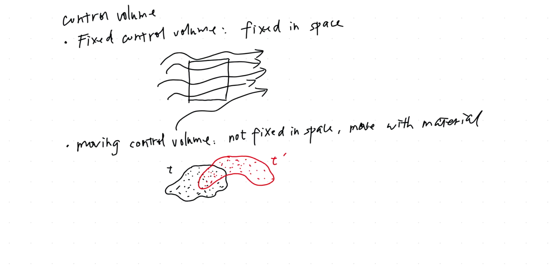The first type of control volume, which is fixed in space, we call the Eulerian approach, which is used a lot in fluid mechanics.